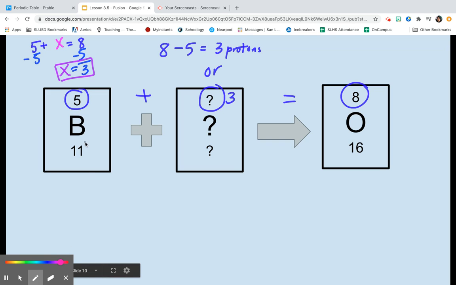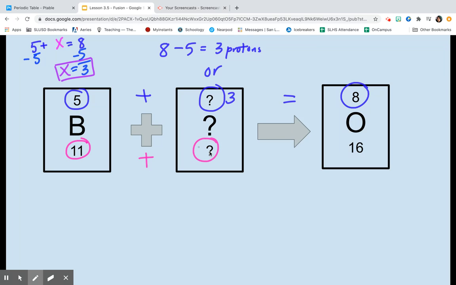What about down here for the mass? It's the same idea, yeah? So 11 plus what equals 16? Well, 11 plus 5 will equal 16. Or you might think about it as 16 minus 11 equals 5, right?